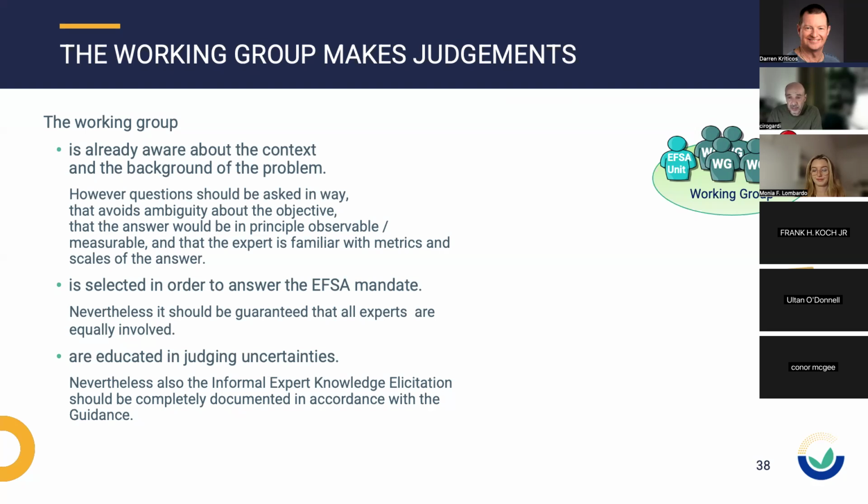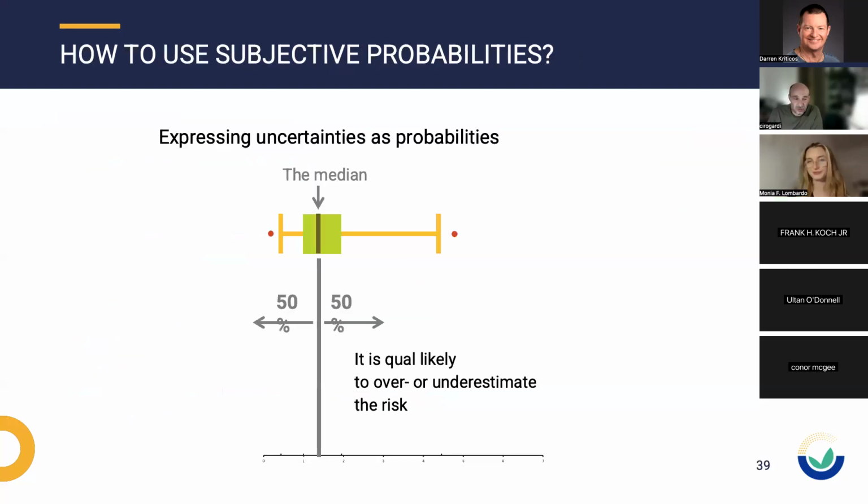A key role is the role of the elicitor, who helps the discussion and the reasoning and helps the experts become familiar with the metrics. Of course, you cannot start from scratch. The working group should be trained a bit, with at least one or two trainings, and then the methodology can be applied.